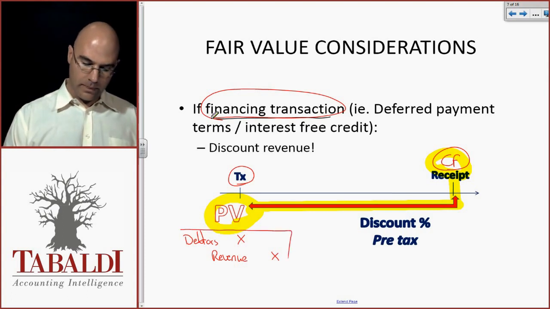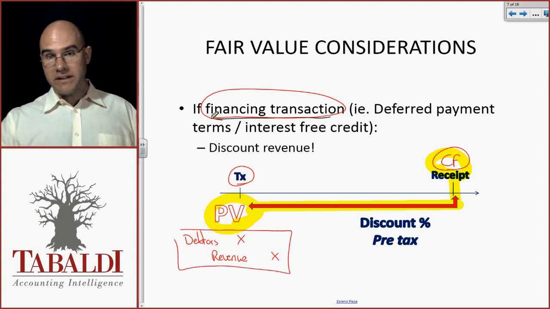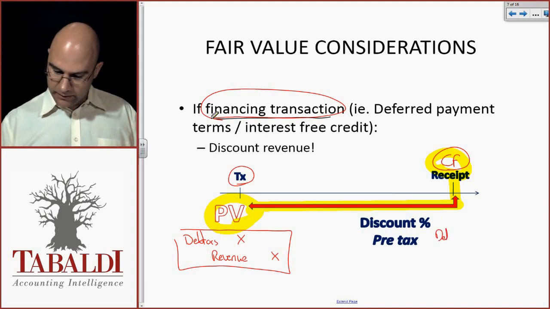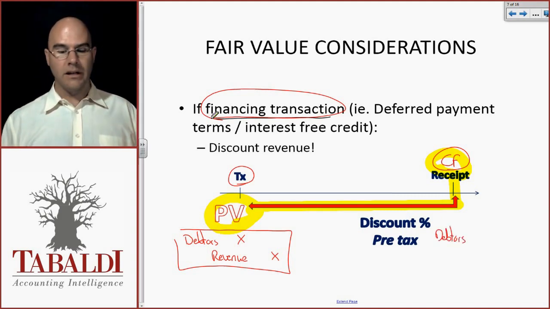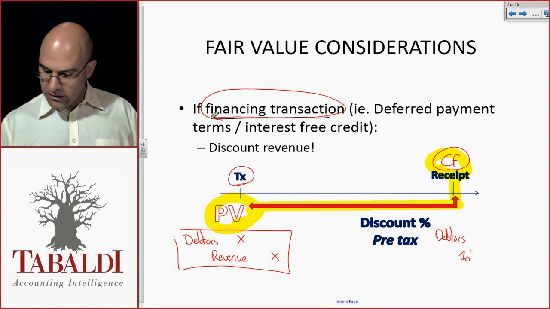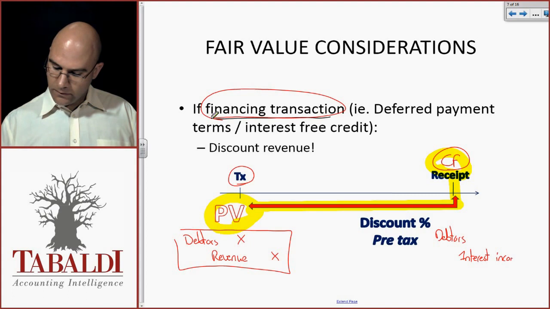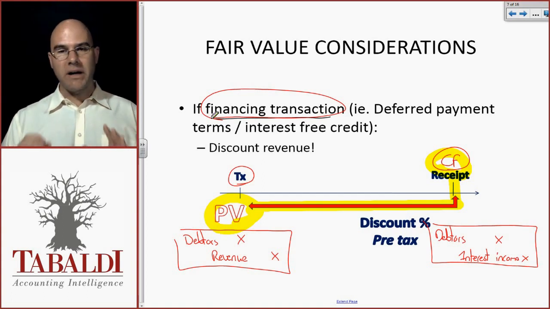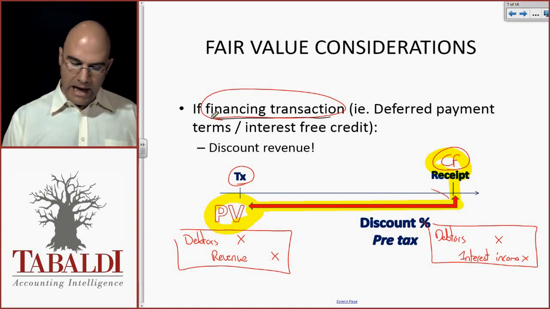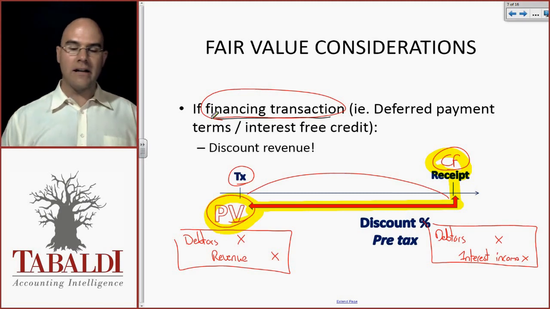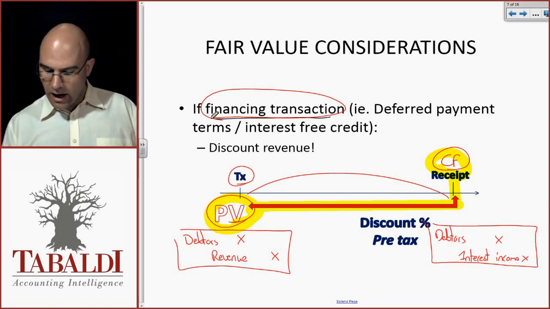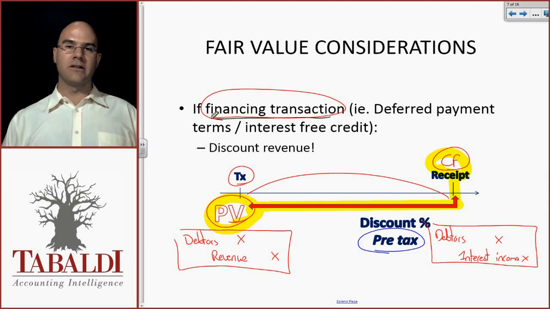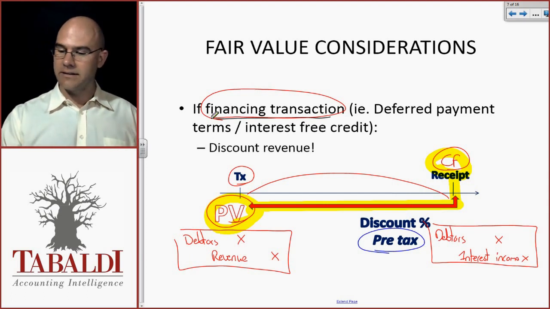And what's going to happen is over this time, I will increase debtors, and I will then have interest income being unwound. Okay, we'll do some number crunching now, but remember, we must recognize any deferred payment terms at the present value. What discount rate must I use? I must use a pre-tax discount rate, and we'll discuss that in a bit more detail in a second.